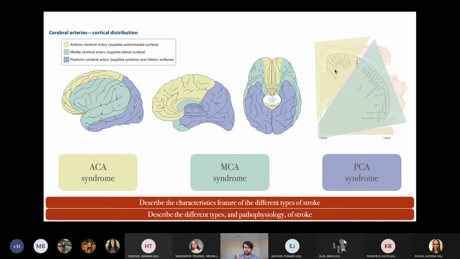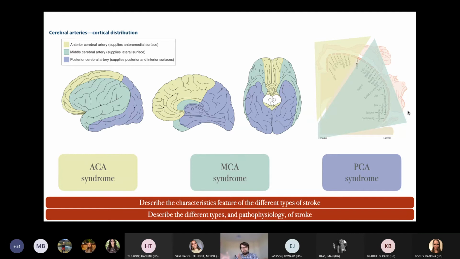So in a nutshell, and why I'm laboring this point, this is ACA territory. ACA strokes, you now know, affect the lower limb and the trunk and a little bit of the upper limb. Everything else is MCA territory.